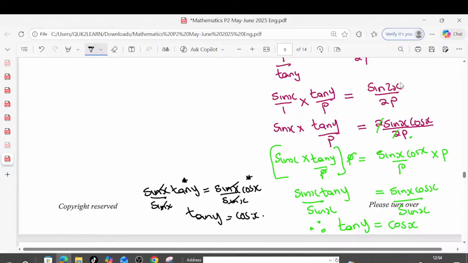You are asking where the cos x came from. Let me show you this part here. It's a double angle for sine.